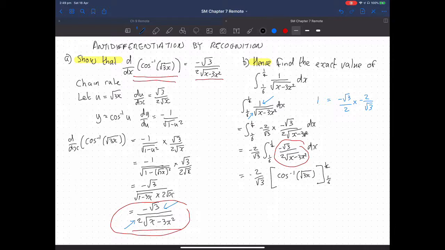So we are now ready to substitute numbers in.